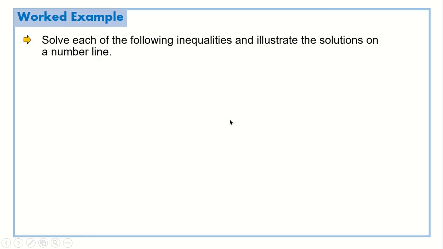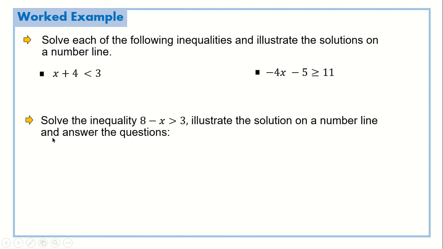We will have some examples. Solve each of the following inequalities and illustrate the solutions on a number line. Okay, part 2. Solve the inequality 8 minus x is more than 3.